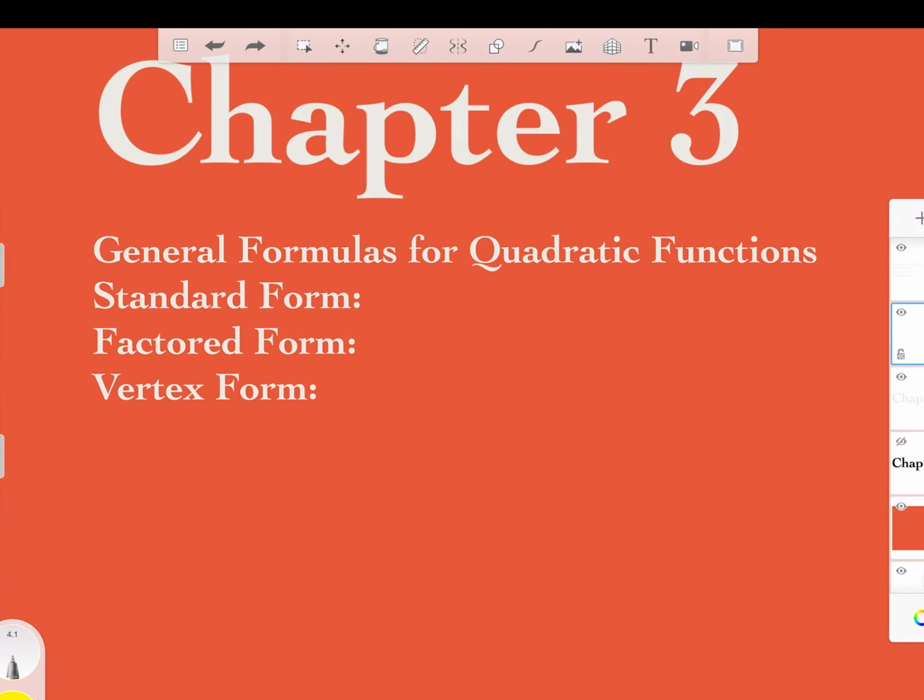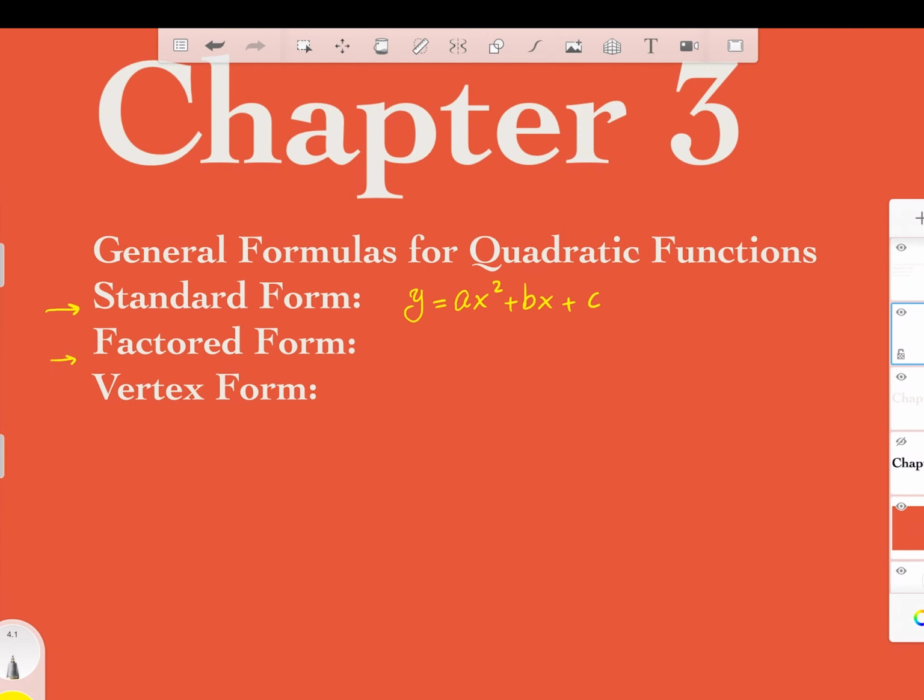Hello everyone. In this short video, I'm going over a few types of quadratic functions. There are three different forms we represent a quadratic function. One of them is the standard form, which is in the form of y equals ax squared plus bx plus c.